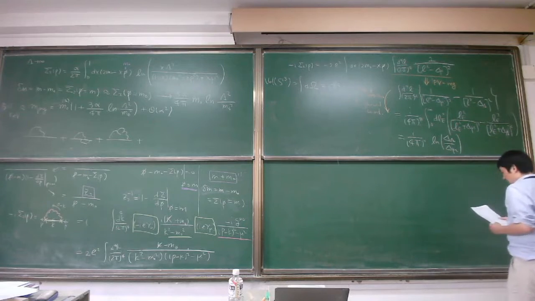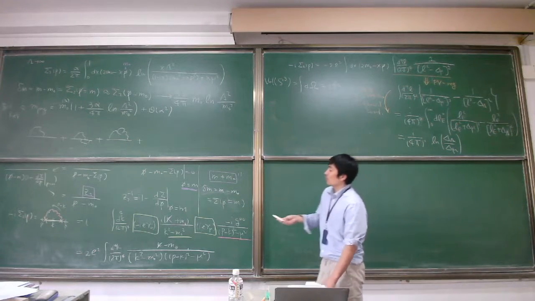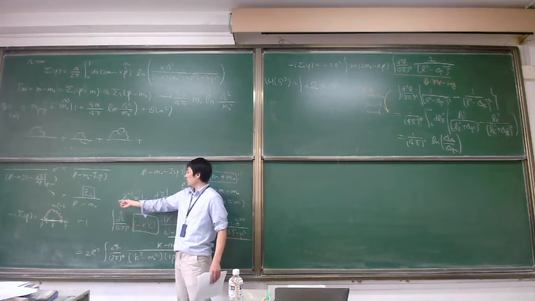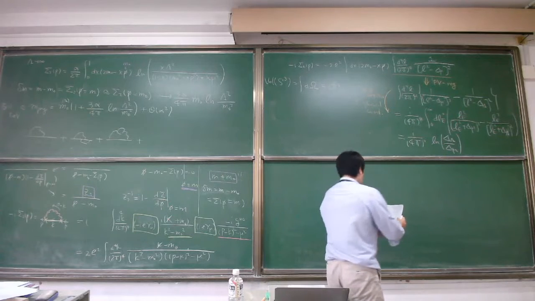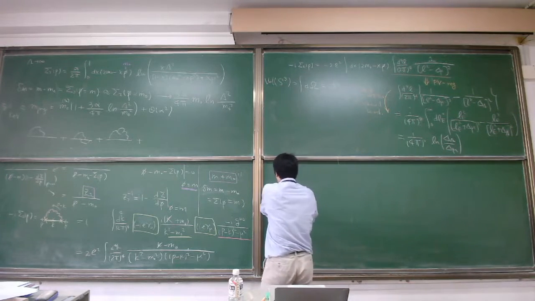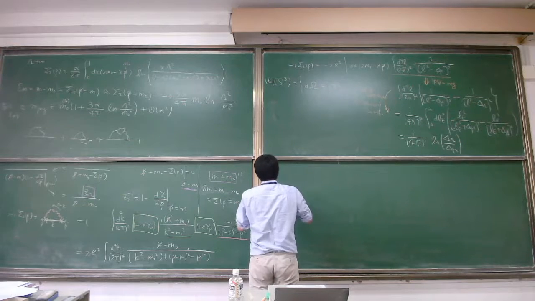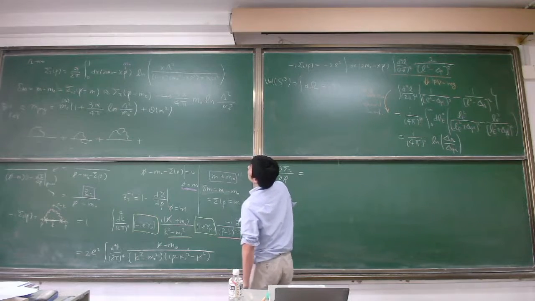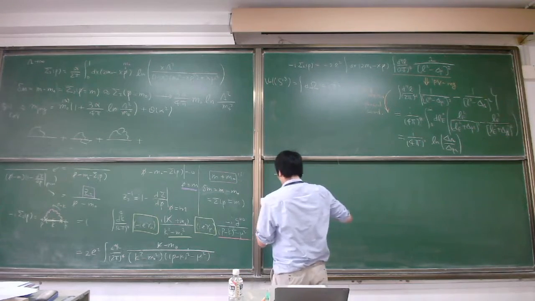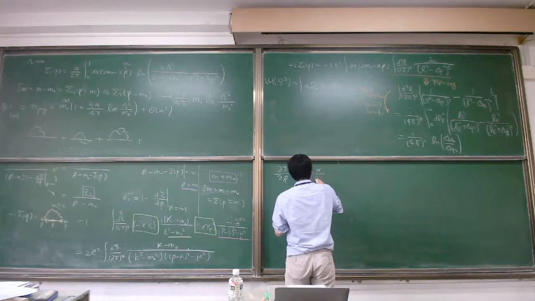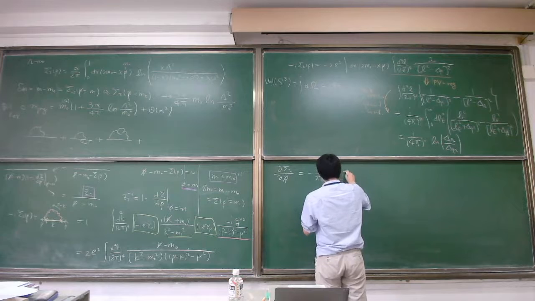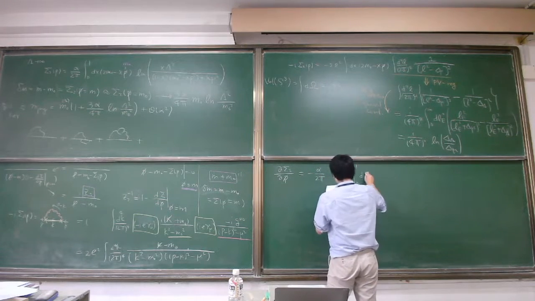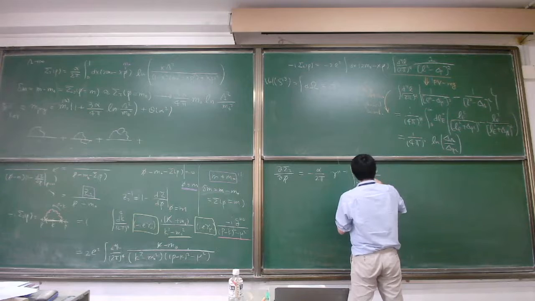So now let's try to evaluate Z2 here. To evaluate Z2, we need to take a derivative of this sigma 2. So sigma 2 is over there, and then what we need to do is the following: gamma mu inverse, integral from 0 to 1 dx, derivative of p mu.